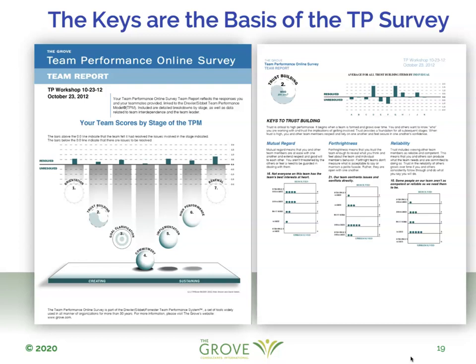In this case, I've got an example of the trust building page here. And the key indicators of trust are mutual regard between people, a certain amount of forthrightness, and a certain amount of reliability. And the questions, for instance, our team confronts issues and conflicts directly, would be an example of forthrightness.